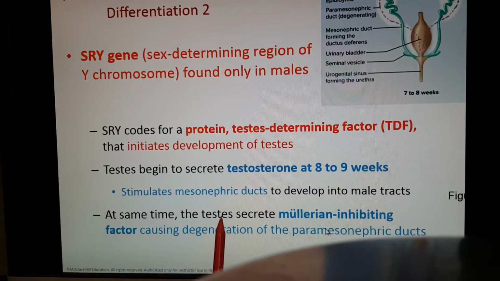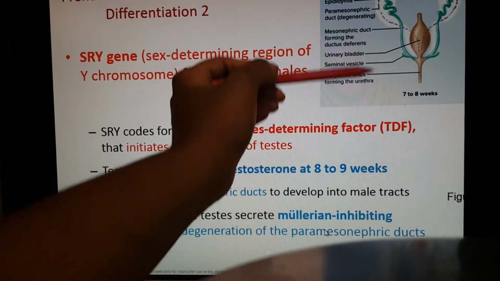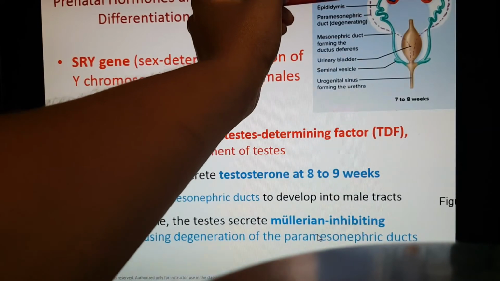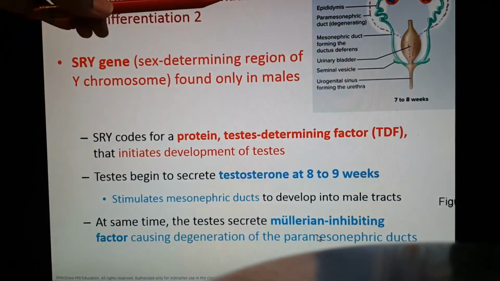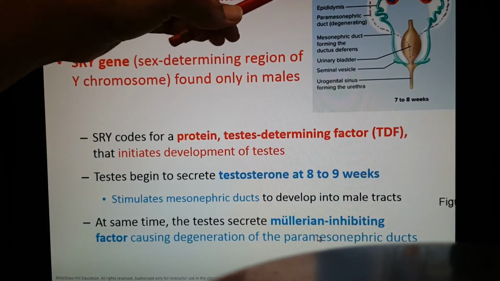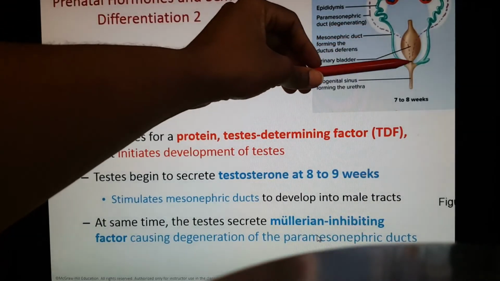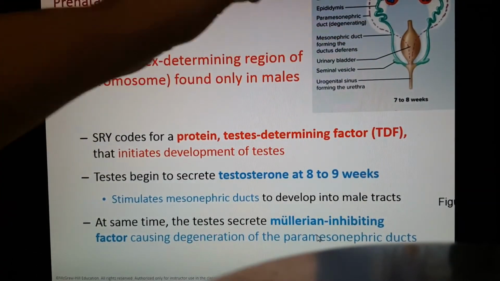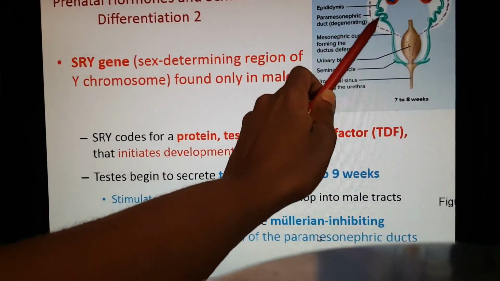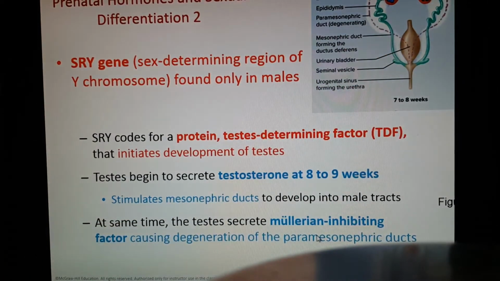At the same time, the testes will secrete the Mullerian inhibiting factor, again causing the degeneration of the paramesonephric ducts. So the ducts in purple are the ones that, if this were a female, would develop, and then the green ducts would not develop.